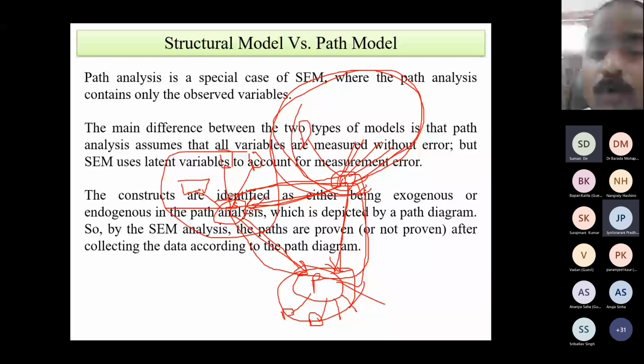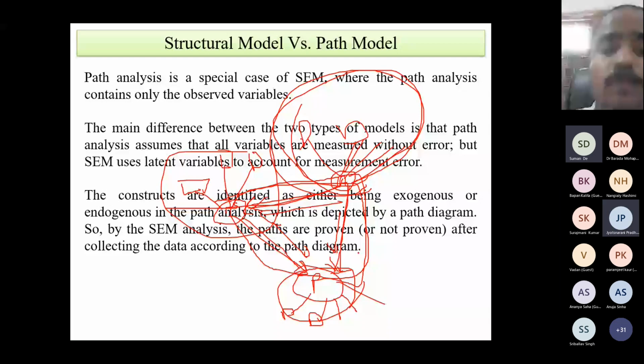Now, while testing the relationships of attitude to satisfaction, satisfaction to performance, attitude to performance, there is no need to take all these indicators. Simply test this relationship, this arrow mark, this arrow mark, this arrow mark, in order to avoid the complexity. In my scholar's example, there are 22 variables or indicators under one measurement model. You can imagine how complex it is. There are so many other measurement models in his research. I will show you now. So in that case, simply take these analyses.